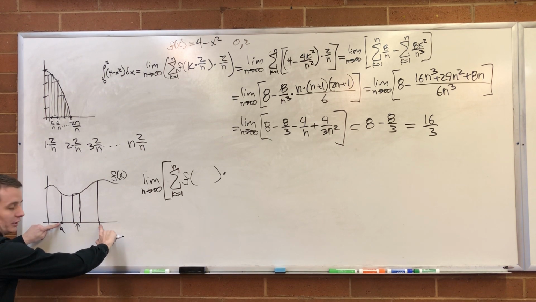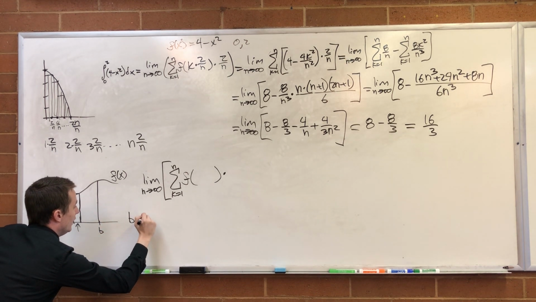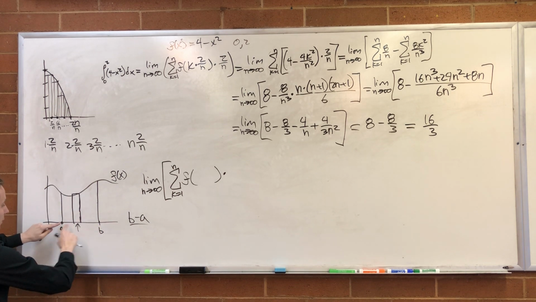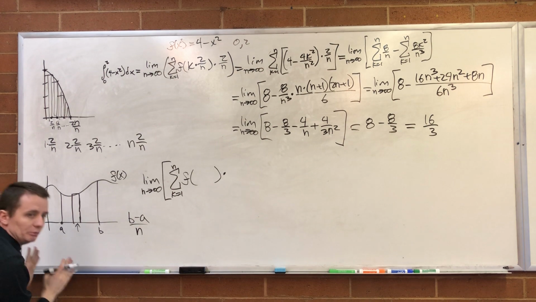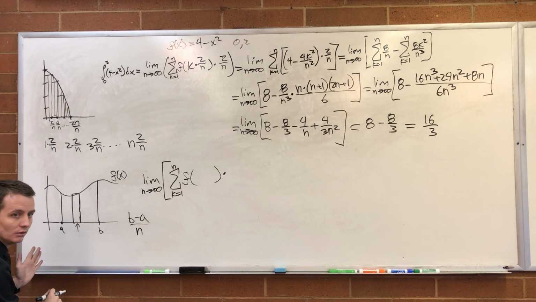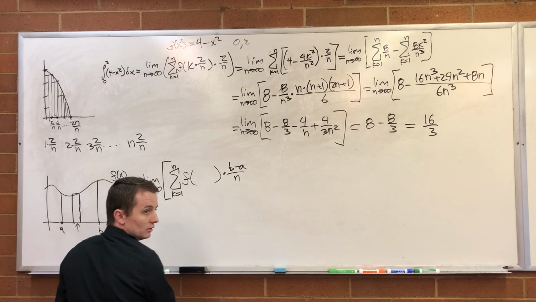Well, what is this total distance? B minus A. And we're dividing B minus A up into how many pieces? N pieces. Your base is always B minus A over N. So B minus A over N is always our base. You with me?